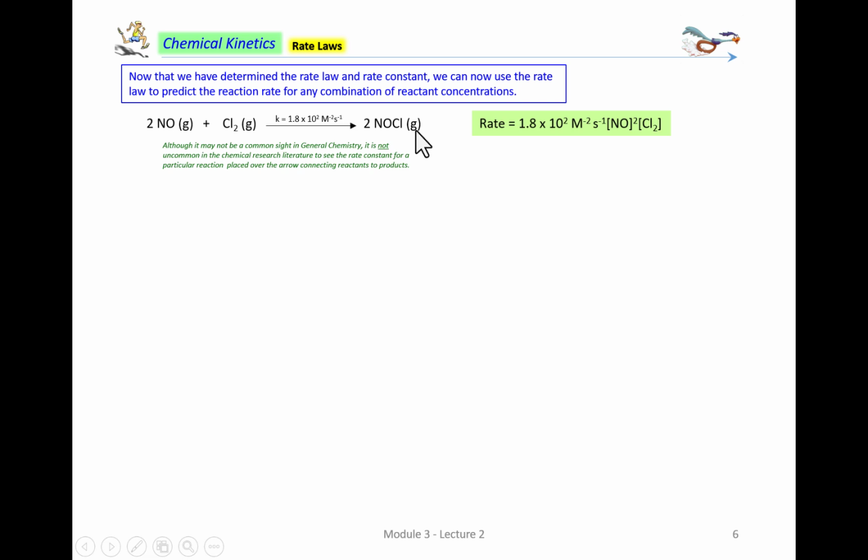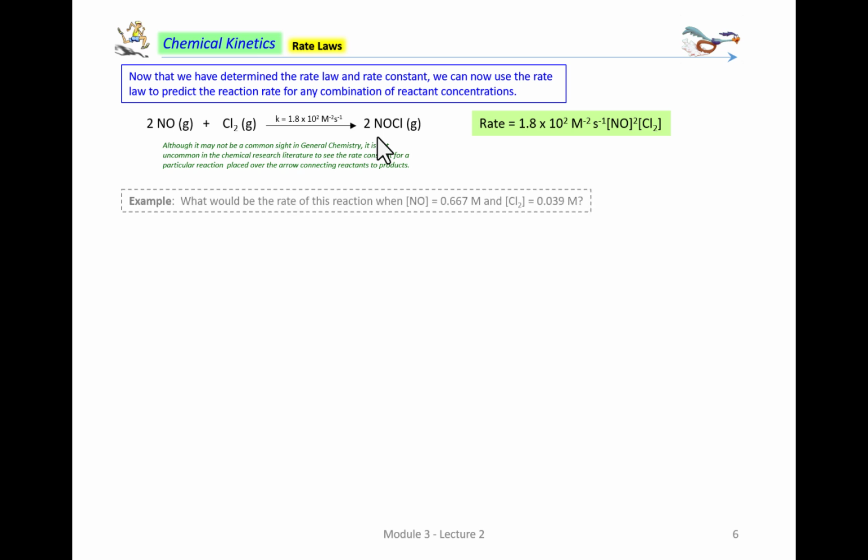And over the arrow, I've written the rate constant that we've determined for this reaction. In general chemistry textbooks, you'll rarely see the rate constants drawn over these arrows. We will in later lectures in this module. But this is typically done in the research literature to remind folks that a rate constant has been determined and what it is at a specific temperature.